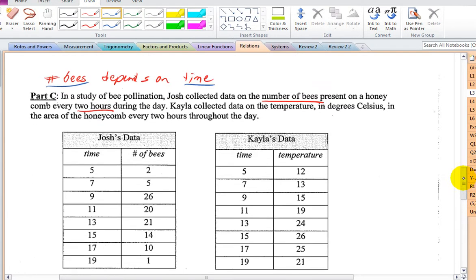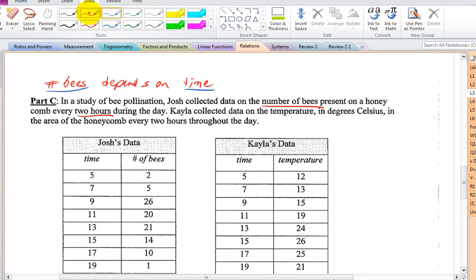Please write this. Don't waste your time. Let's go, folks. Write it down. So this is going to be your independent, and this would be your dependent, making this your y, and this your x. Notice in the chart, time is x, and number of bees is y. Usually we always list it x, y, right, Andrew?